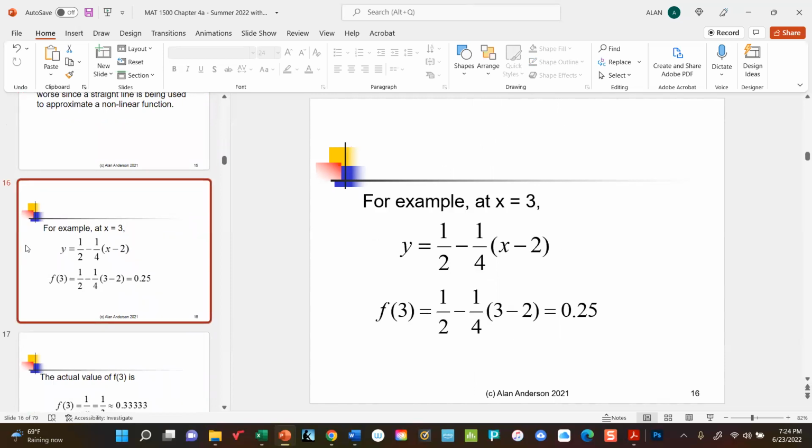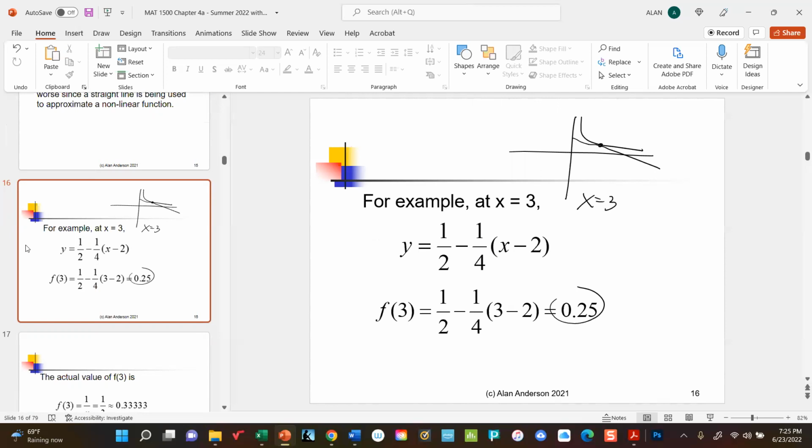All right, so at point 3, the tangent line, f of 3 is 0.25.